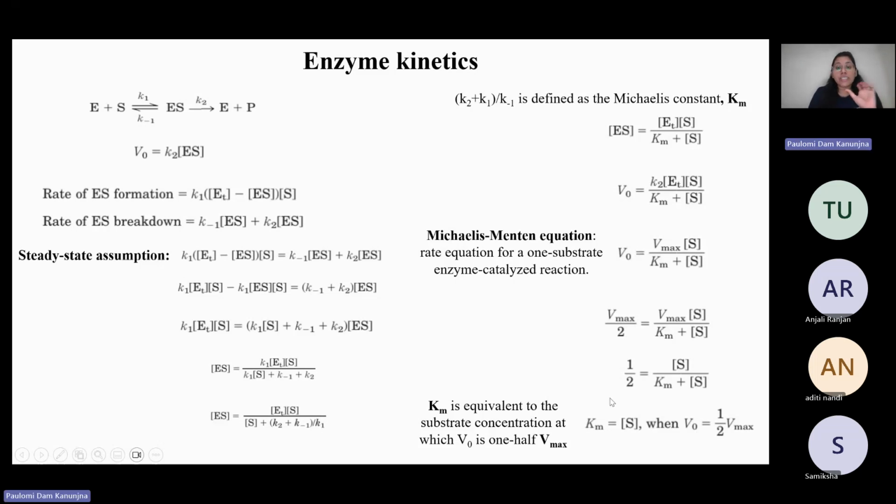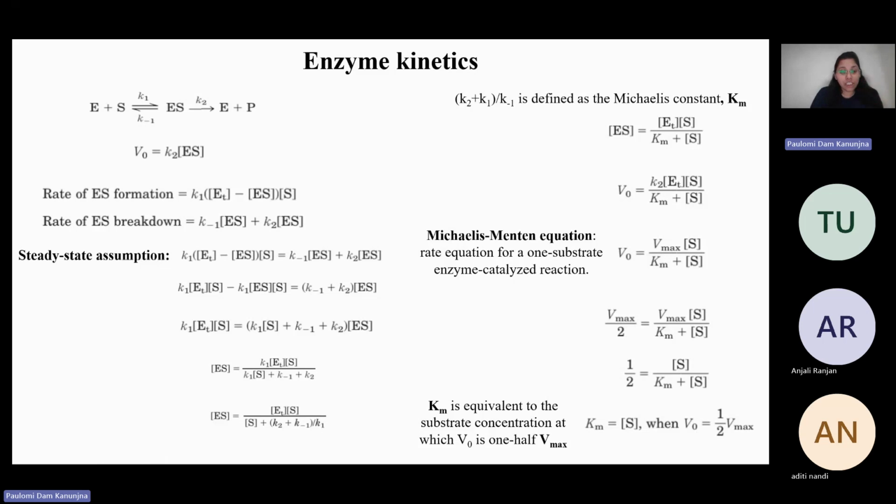From there, we found out what Km is. Km is equal to the substrate concentration at which V naught, the velocity of the reaction, is at half of its maximum, so one half of Vmax. So Km is S where V naught is equal to half of Vmax.